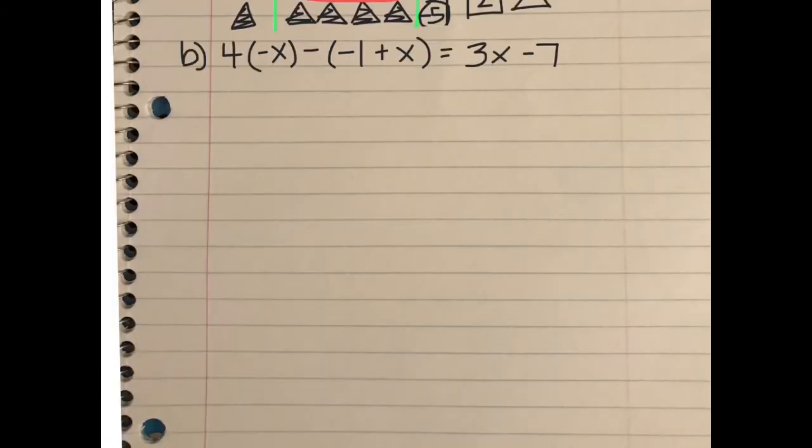Okay, here's letter B. You might want to take a second to copy the problem, and we're going to go through your second option for dealing with the negative x. So I only see one negative x here, but the choice that we have is to rewrite the problem from the beginning and replace the negative x with a star.